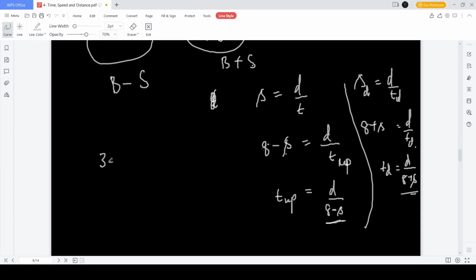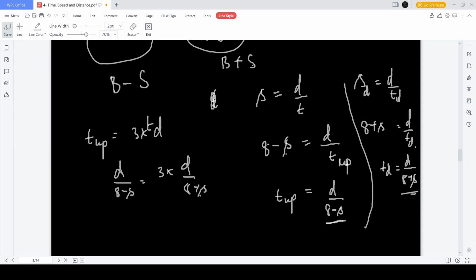So upstream time is equal to 3 into downstream time, because obviously the time he takes to go down is faster than up. So we have d by 8 minus S is equal to 3 into d by 8 plus S.